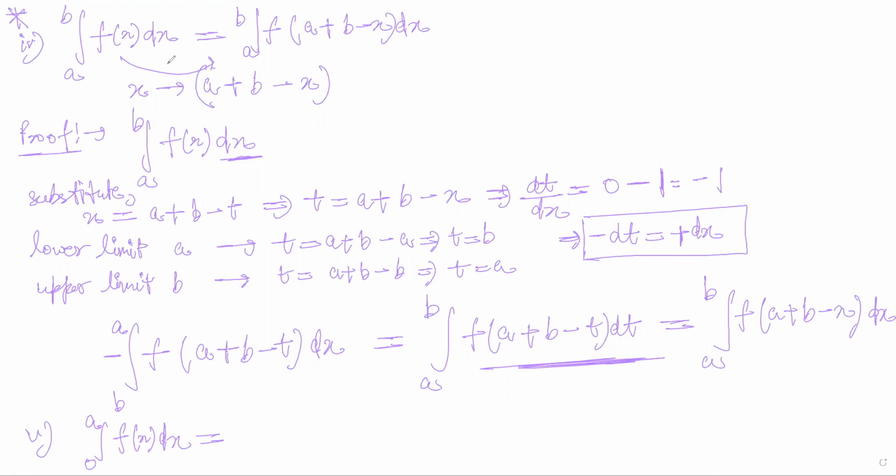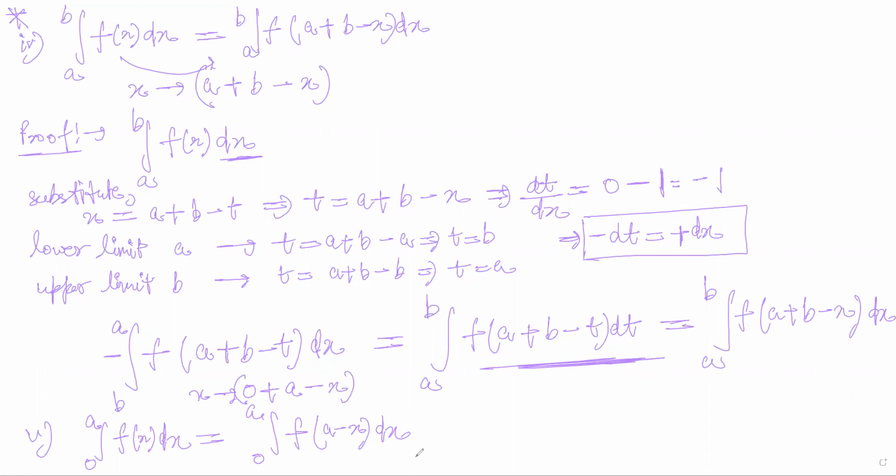So what I can do is apply the fourth property. Fourth property says that this integration will be equal to the same limit 0 to a, but you can change your x with lower limit plus upper limit minus x. Right now the variable is x, but we can change this x as lower limit plus upper limit minus the same variable. In that case, this becomes a minus x. So fifth is nothing new, but the application of fourth only.